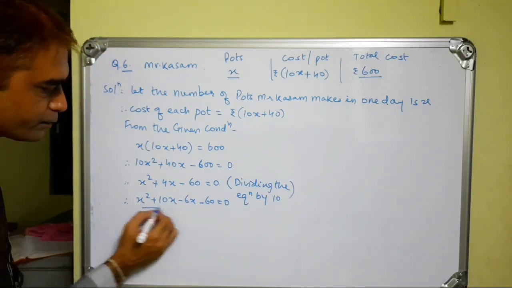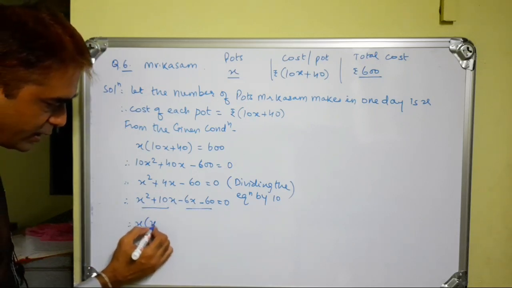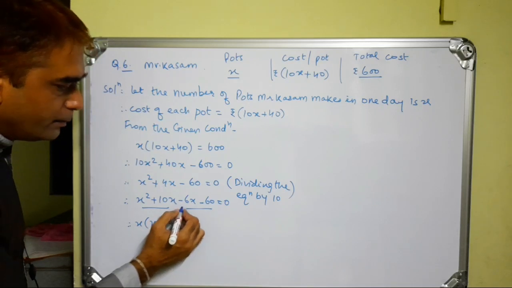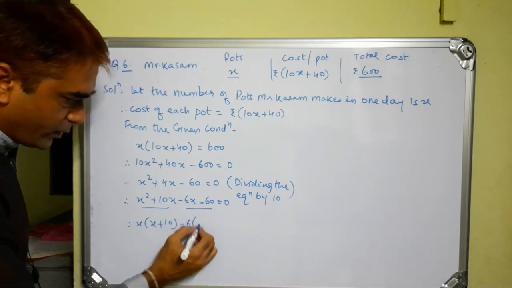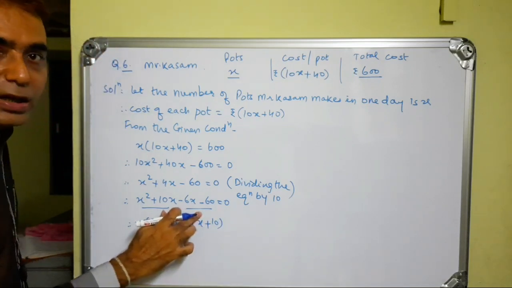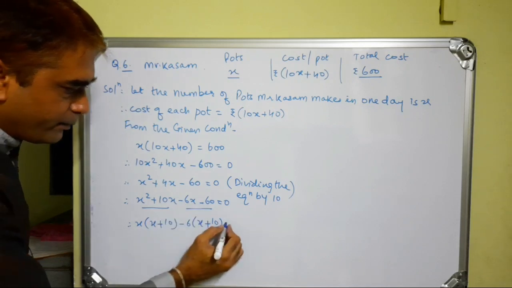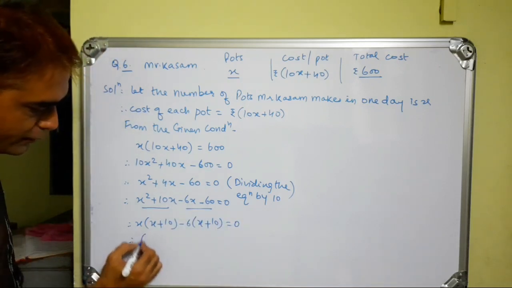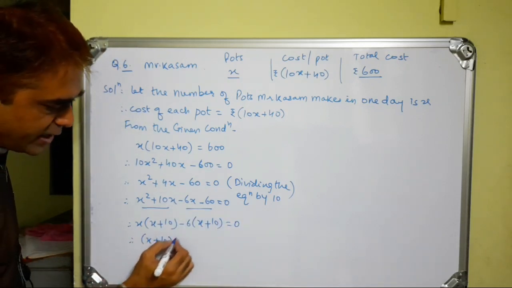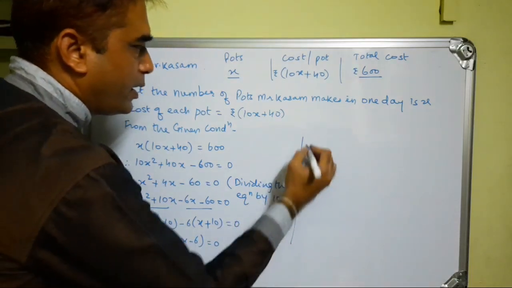Therefore the common factor is x in the bracket x plus 10, here minus 6 in the bracket x plus 10. After multiplying, we should get the same terms, minus 6x and minus 60, equals 0. Therefore in the first bracket x plus 10, in the second bracket x minus 6 equals 0.